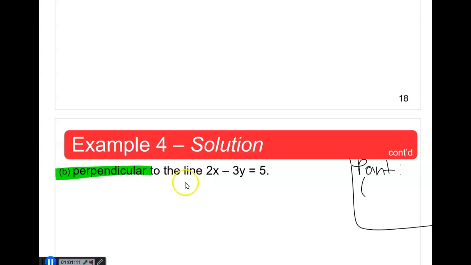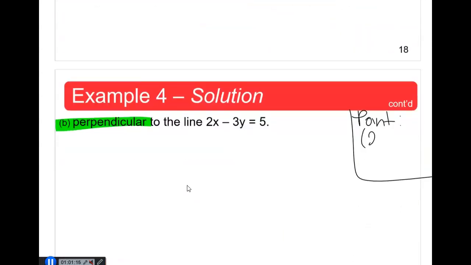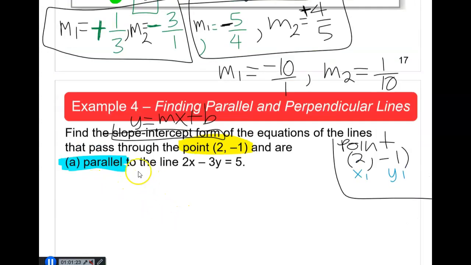The point will be (2, -1), but there are going to be two problems. Here we want our new line to be parallel to this line here. So this is the original line, line 1.